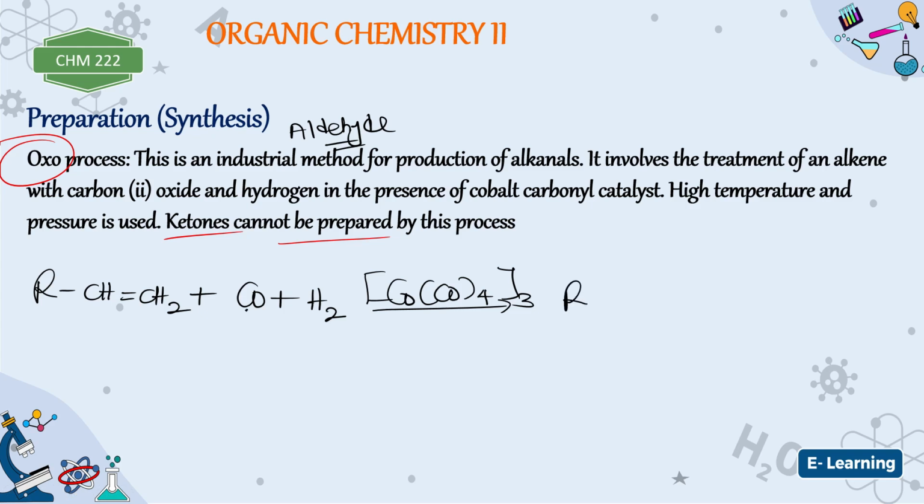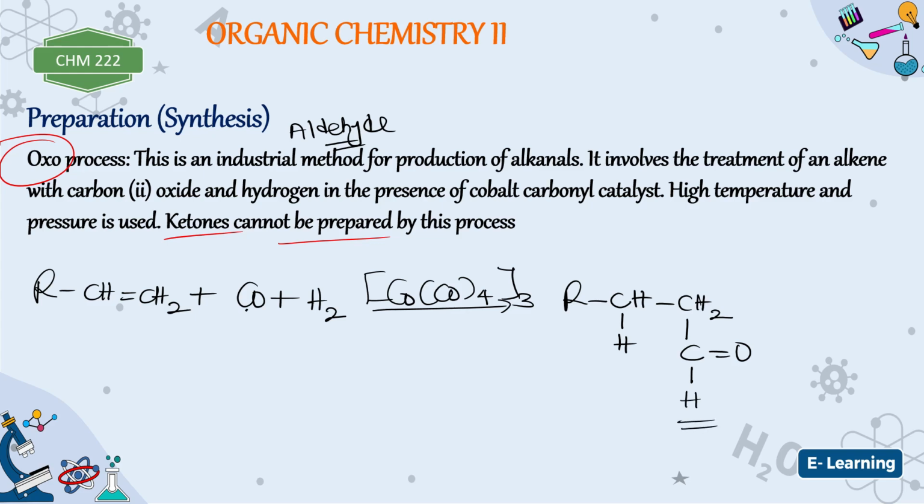See it? R, C, H, then one more hydrogen. From this hydrogen here, one will be attached to this carbon. So you have hydrogen attached here. Then you have this CH2. Then what will be attached to this CH2 is the CO. So we have C double bond O. Are you getting it? And then finally, here, hydrogen will be attached.